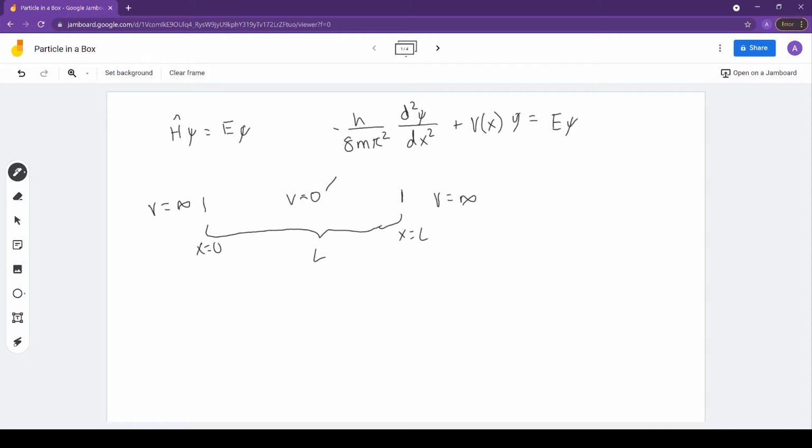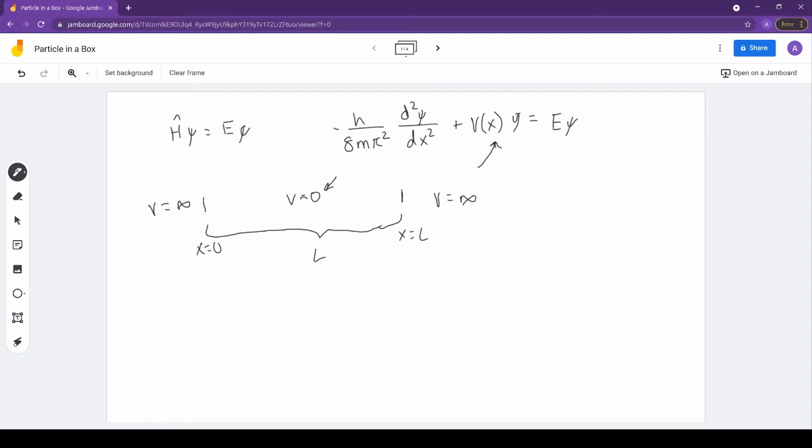And inside the box, we can define this value as anything, but the potential being 0 is really convenient because when we plug 0 into the potential, this second term from our Schrödinger equation will be gone. So this is why it's really convenient to define the potential inside the box as 0 and the potential outside as infinity.